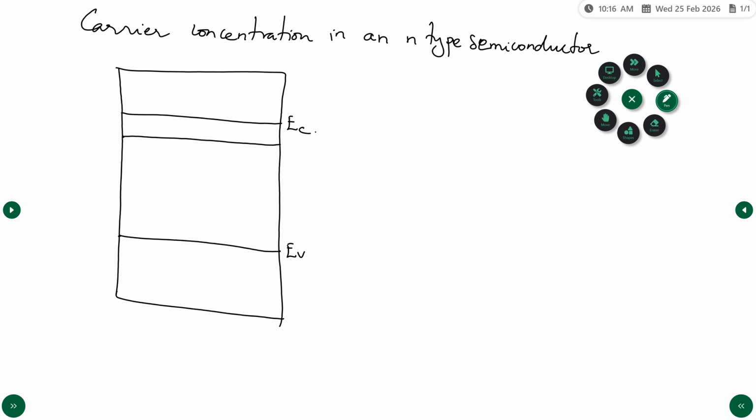Here you see a new energy level is introduced near the conduction band energy. இங்க பாத்தீங்கன்னா இந்த இடத்துல energy level is introduced, it is mentioned as ED. ED na என்ன? Donor energy level. So this consists of the electrons.